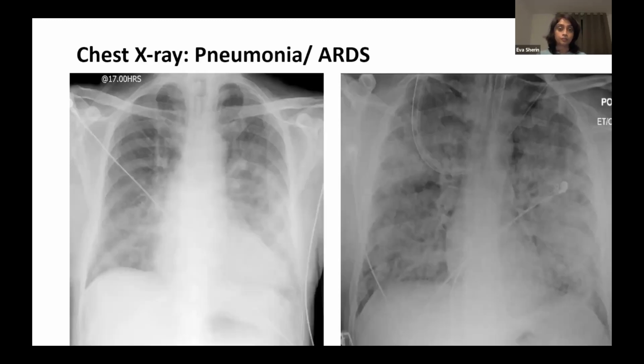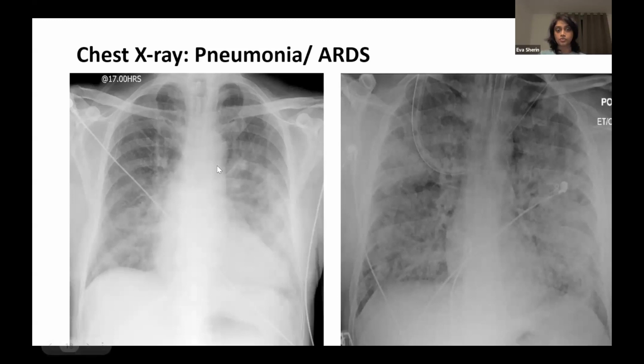A few chest X-rays that I've got up: there's a pneumonia one, which you can see on the left side. You can see that there is bilateral lower lobe pneumonia. It's much more clear on the upper lobes, and you can see both sides being quite hazy. ARDS on the other side, the way that we explain it is diffuse, fluffy pulmonary infiltrates throughout the lung.